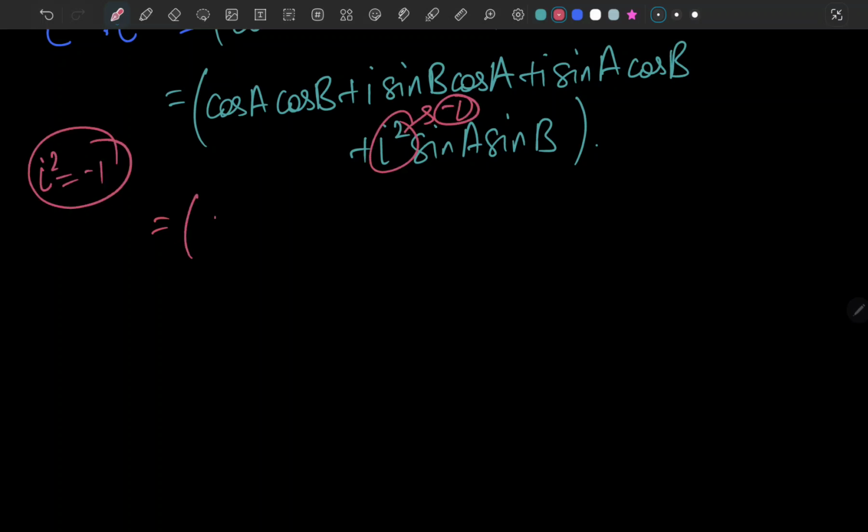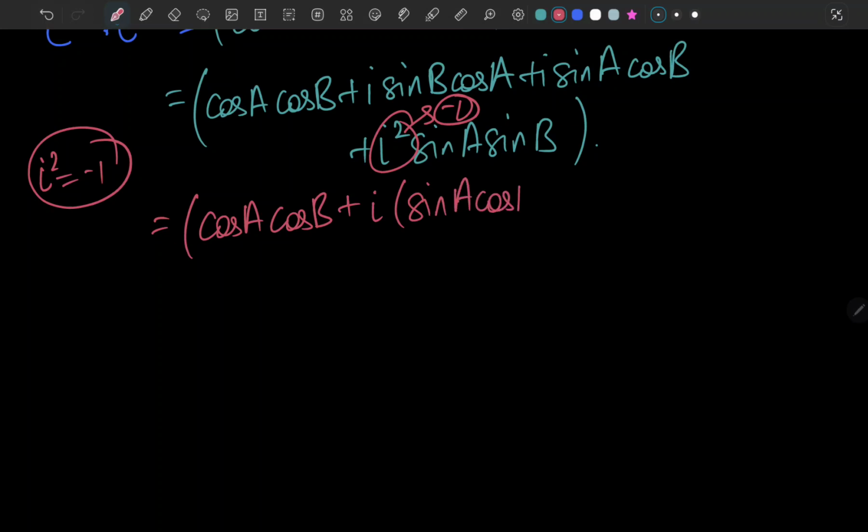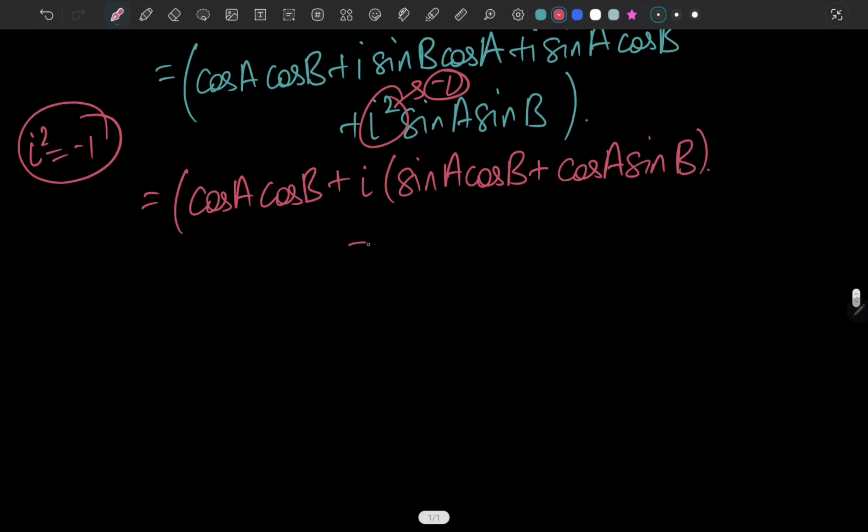So that gives us cosine of a cosine of b, and plus, let me take i common from these two terms: i outside, sine of a cosine of b plus cosine of a sine of b. When you plug i squared equals -1, that gives us minus sine a sine b.